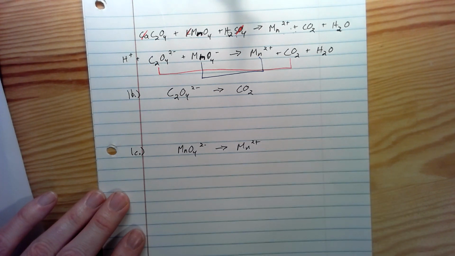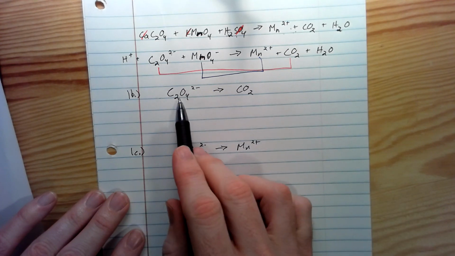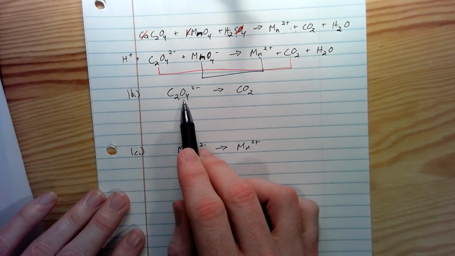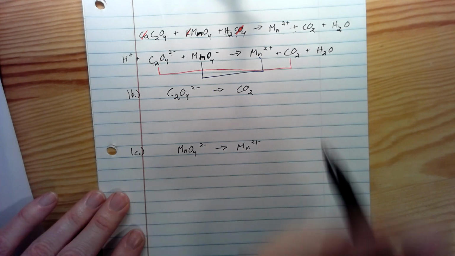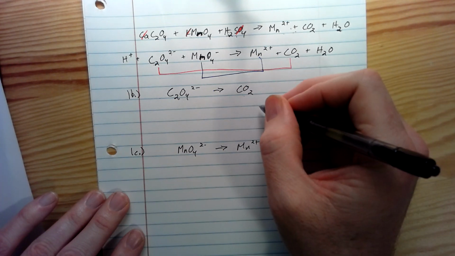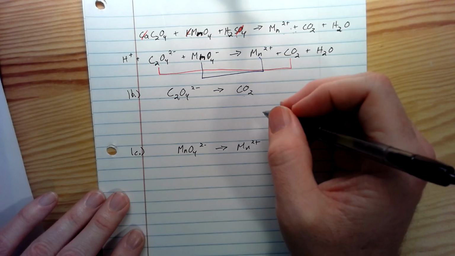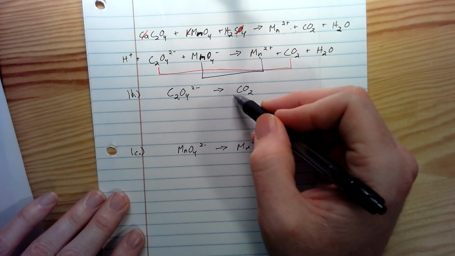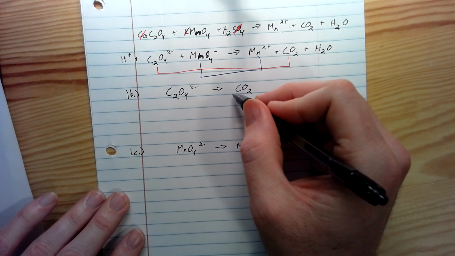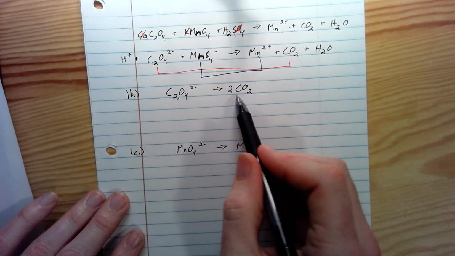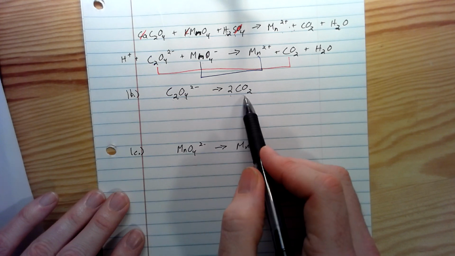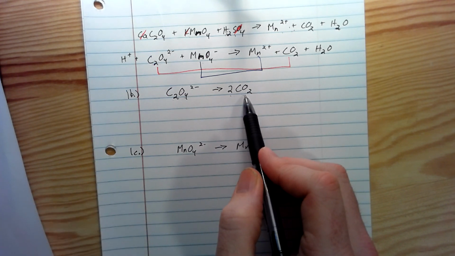All right, so you will notice that these are not balanced. To get the correct answer, we'll have to balance them. So we will balance them the long way. First we balance by mass. So we're going to put a 2 here to balance the carbons, and the oxygens are balanced as well.